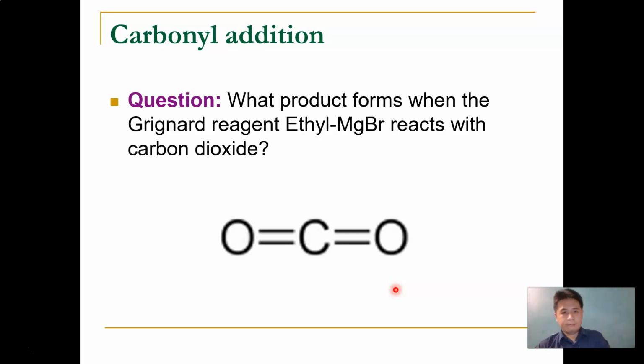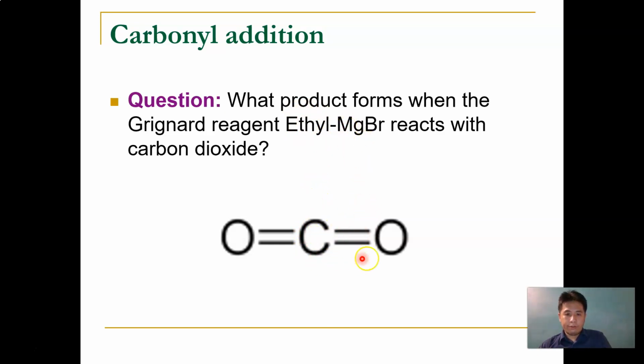What would happen if this were to react with carbon dioxide? Carbon dioxide has a carbonyl, so it does react with a Grignard reagent, ethyl MgBr. So what would happen? The product formed would actually be propanoic acid, because this is ethyl and this is the extra carbon, so it becomes 3 carbons, so it becomes a prop-.